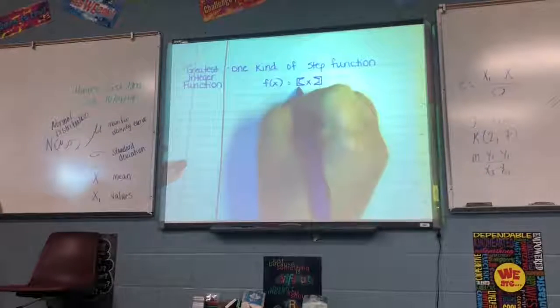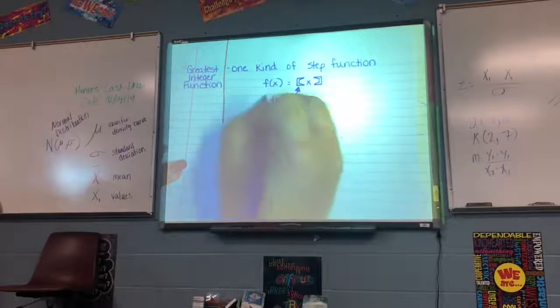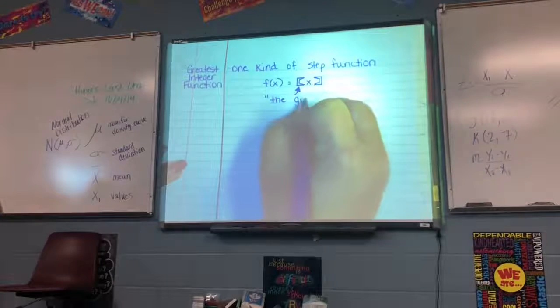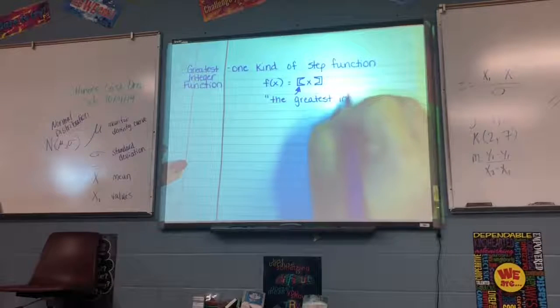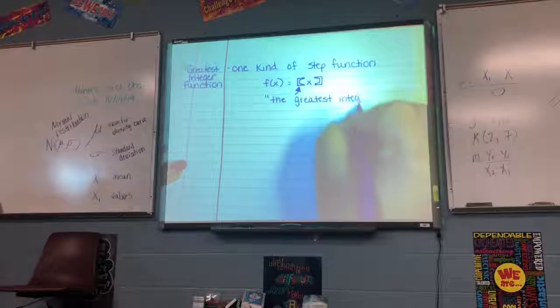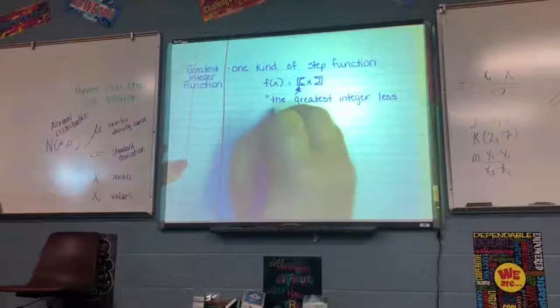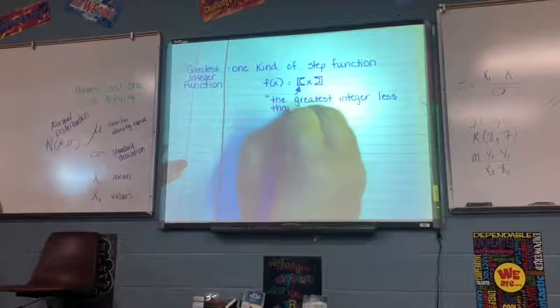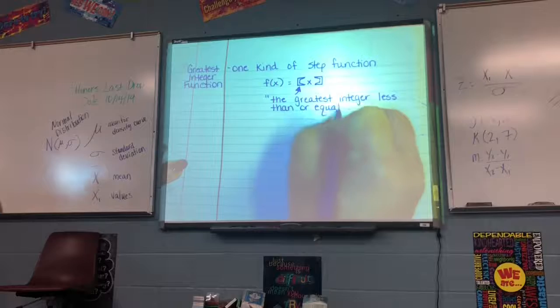And this says the greatest integer less than or equal to x. What kind of bracket is that? I just said it was a double bracket.